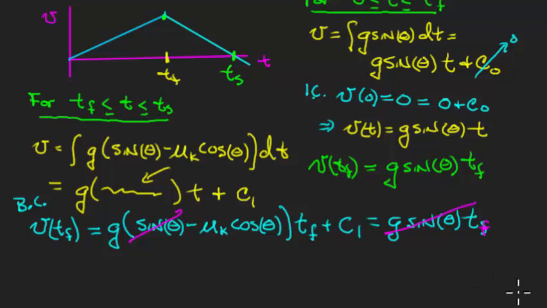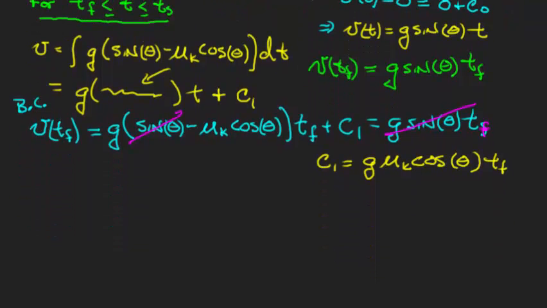And that tells us that c1 has to be g times mu k cosine theta tf. Don't forget the tf. So here is an expression for velocity as a function of time. I'm going to put this value for c1 in there.